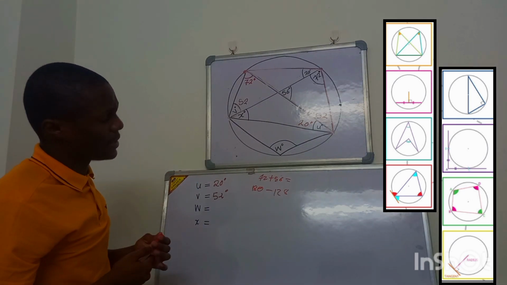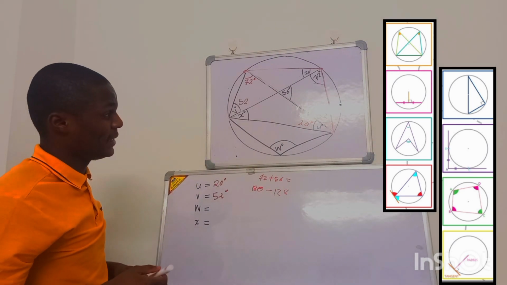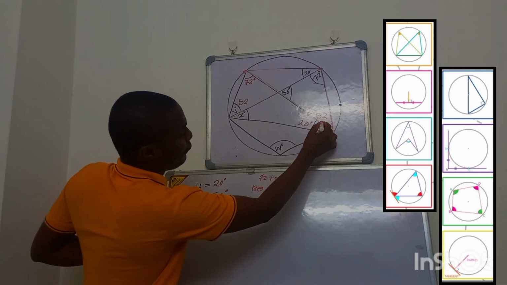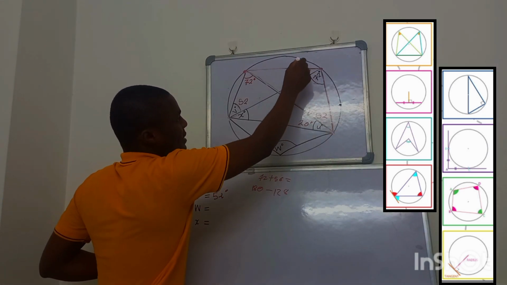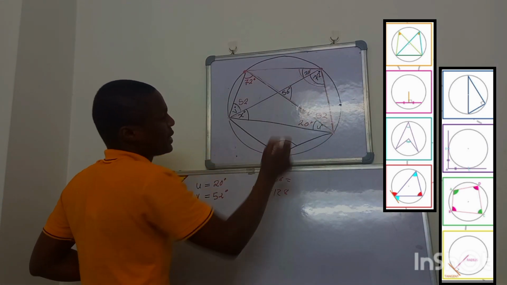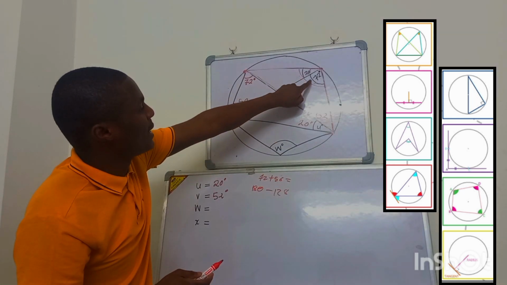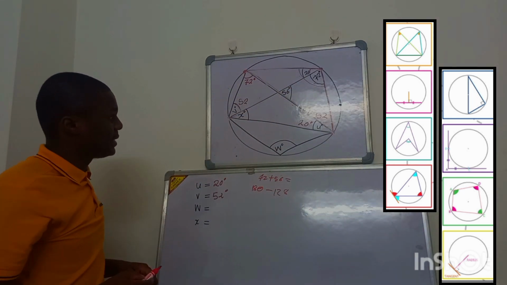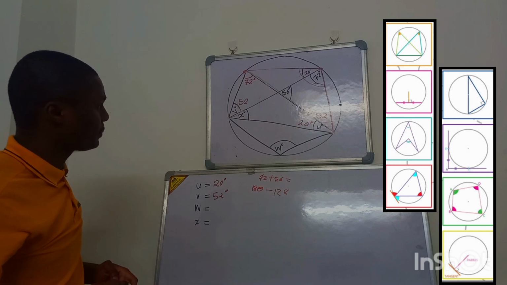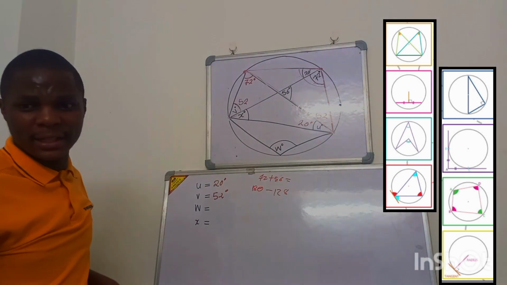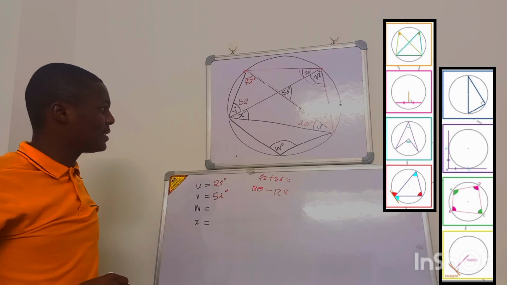So we know the angles in a triangle add up to 180 degrees. So 52 plus this whole angle is 72 plus 20, which is 92. So if we say 52 plus 92, then we subtract from 180. In that case, we can get our x, right?